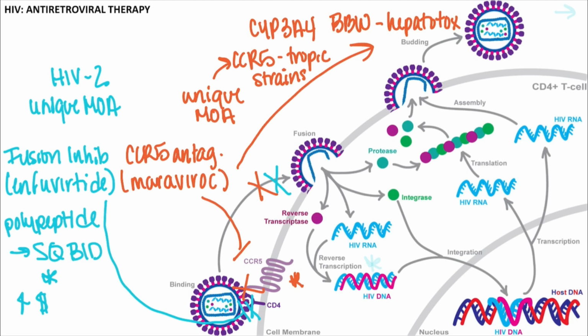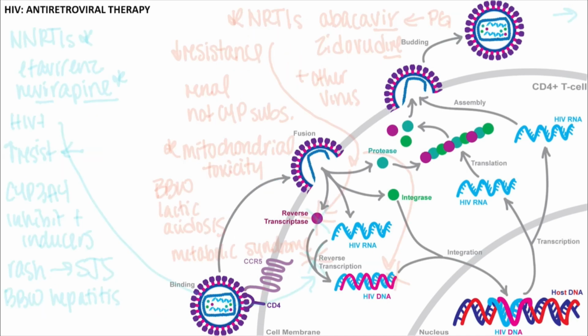So now that we've addressed the entry inhibitors, now let's move through the life cycle and discuss the agents inhibiting HIV reverse transcriptase. So we'll move on to our next slide. Now the next 2 groups of agents we will discuss are targeting HIV reverse transcriptase, and these fall into 2 different groups.